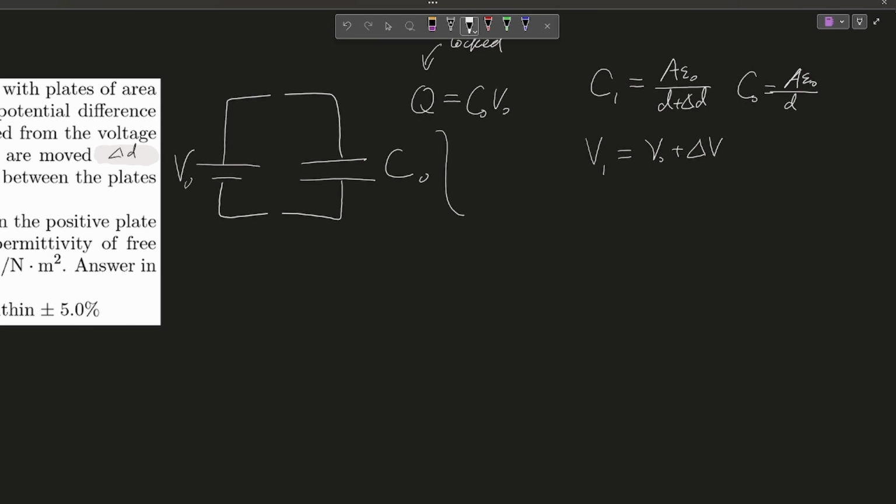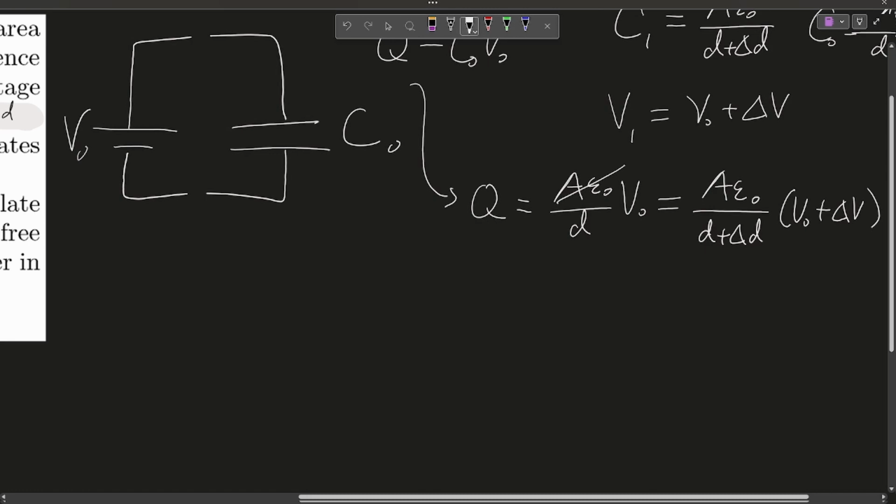So now the same charge, because remember it can't change, so Q is equal to C naught V naught, A epsilon naught over D times V naught, which is also equal to C1 V1, which is A epsilon naught over D plus delta D times V naught plus delta V.